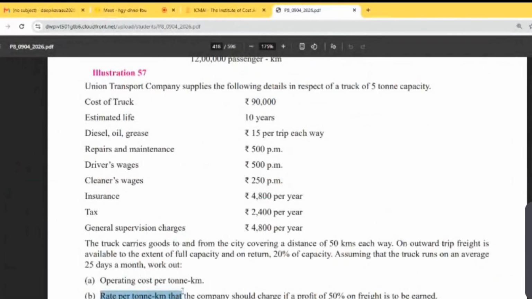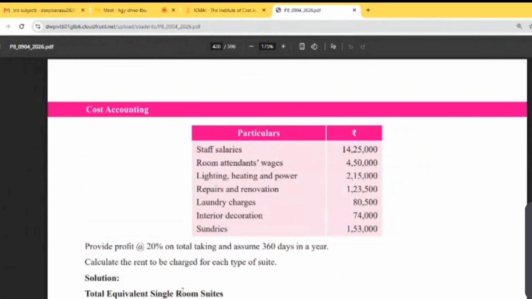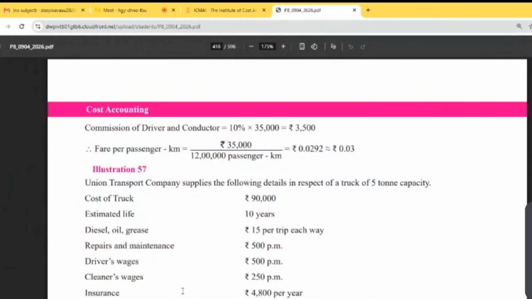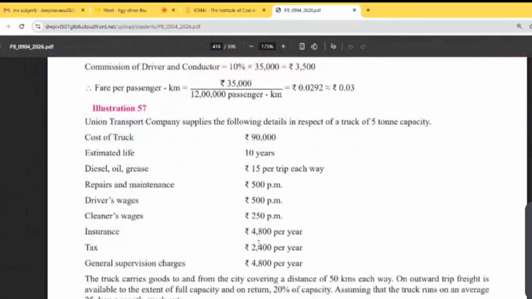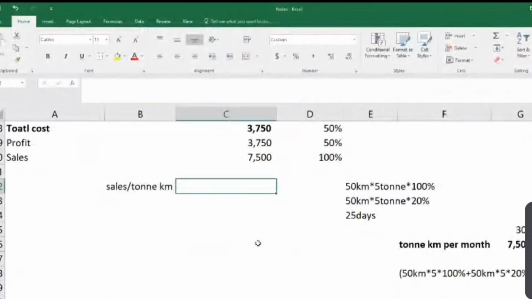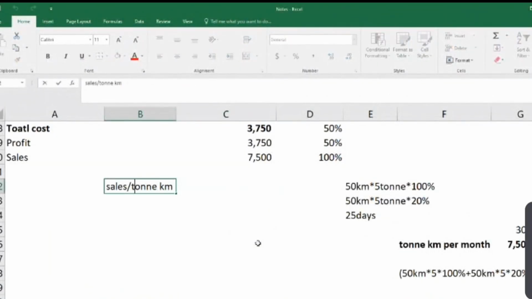So they are asking what they should charge, meaning the cost they should charge from the customers.